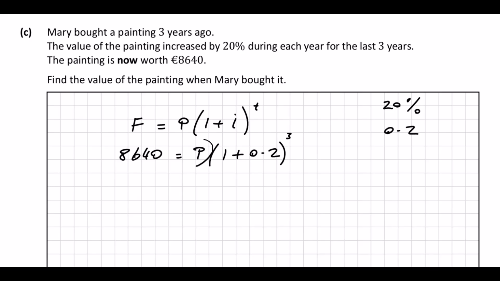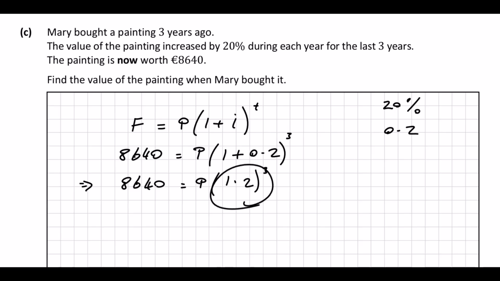Now we've just got to work out what P is, the original value of the painting when Mary bought it. So we've just got to solve for P. So let's see what we get if we simplify this a little bit. We've got 8,640 is equal to P times 1.2. So 1 plus 0.2 is just 1.2 to the power of 3.